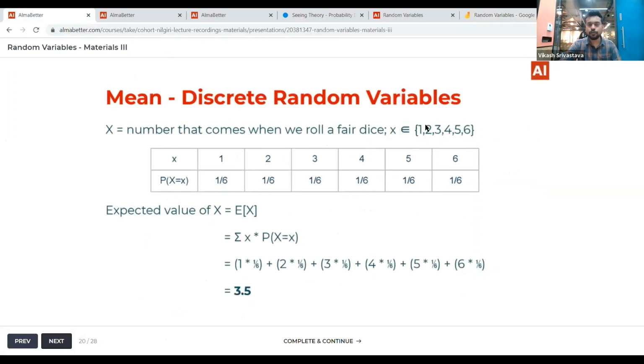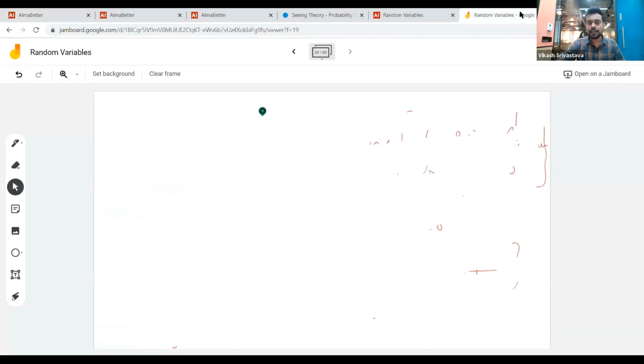In the case of rolling a die, your random variable can take 6 possible outcomes, when we define that random variable as the number that comes up when we roll a die. Firstly, our sample space in this case is 1, 2, 3, 4, 5, 6.